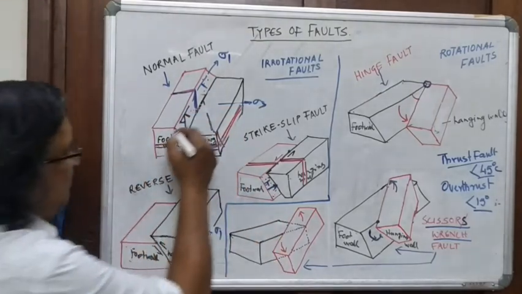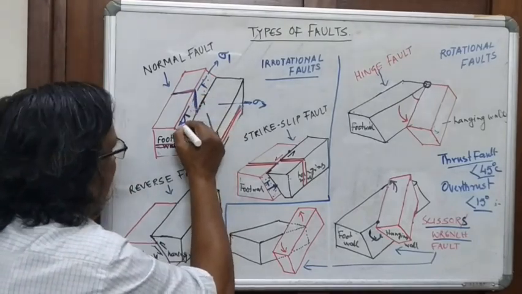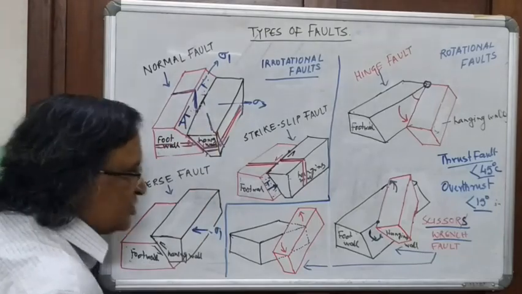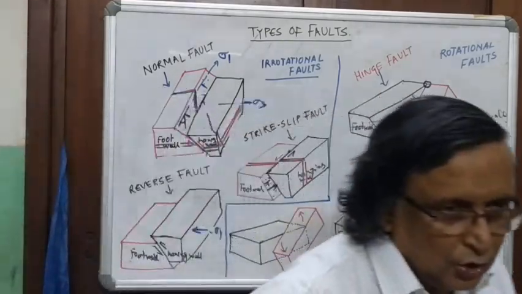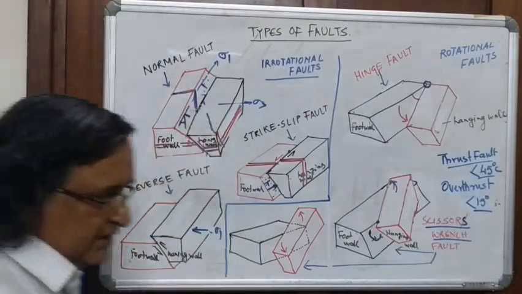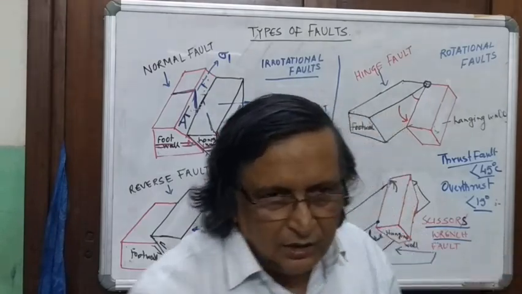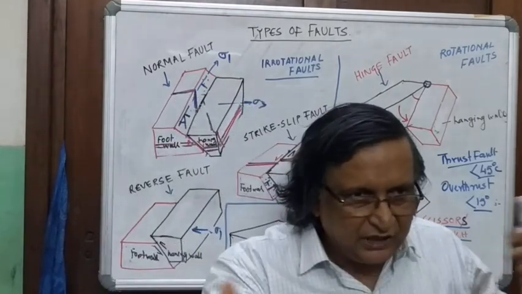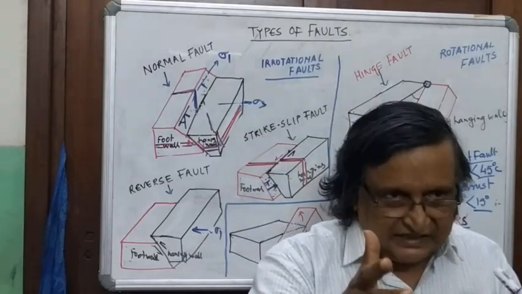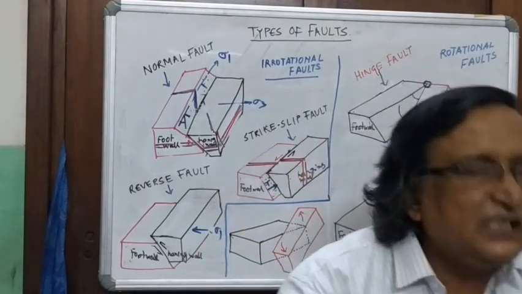The angle between the line and the horizontal, which is the strike, is called the pitch. So you remember this, that when you have a faulting, there might have been structures in the original unfaulted block. When you fault, the structures are displaced. Their orientations don't change, but they are displaced.